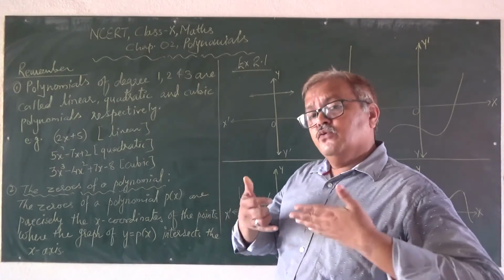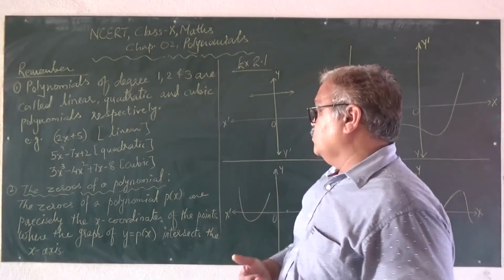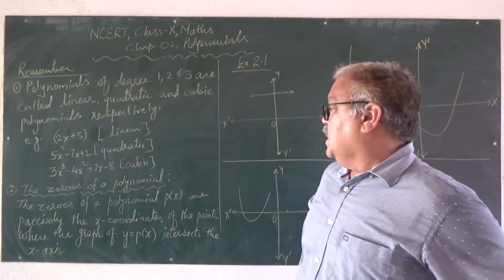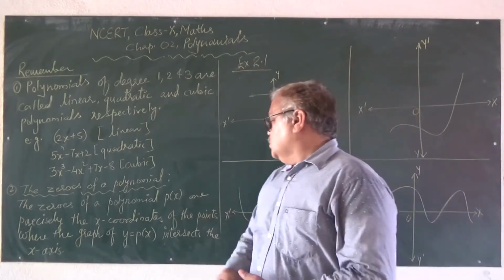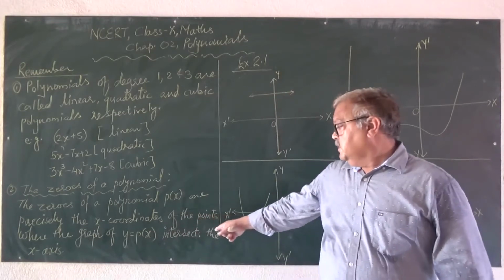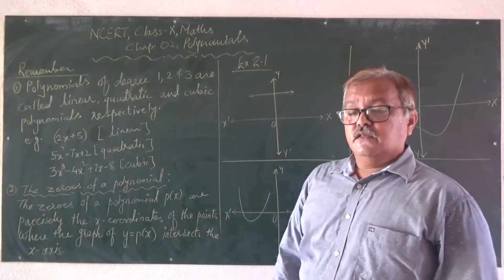Here we are not going to see it that way. Graphically we are going to see the zeros. Once again, the zeros of a polynomial p of x are precisely the x coordinates of the points where the graph of y equals p of x intersects the x-axis.